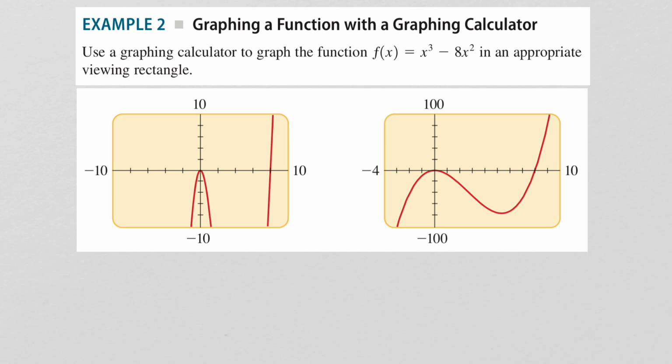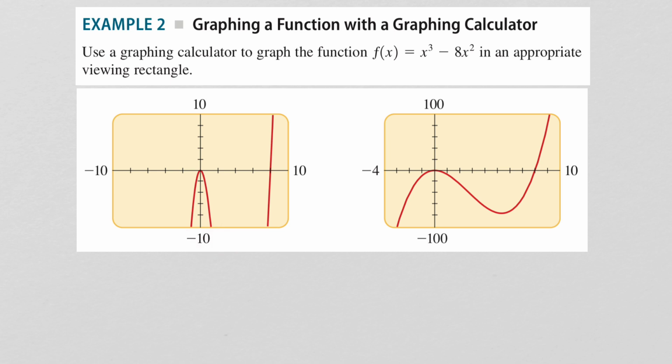But you still have to be careful, because if you just plug this function into a graphing calculator and you don't think about what values of x you're looking at, you might get pieces of the graph, which doesn't really tell you the whole picture, right? So you might need to change your viewing rectangle. In other words, you might need to change the X values that you're looking at and also the Y values that you're looking at.